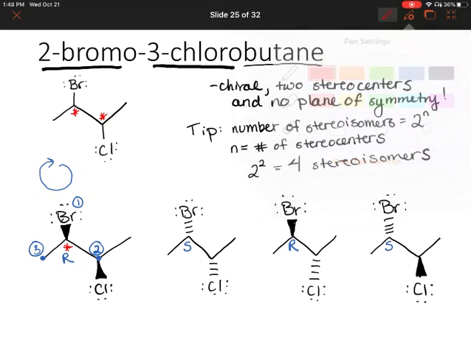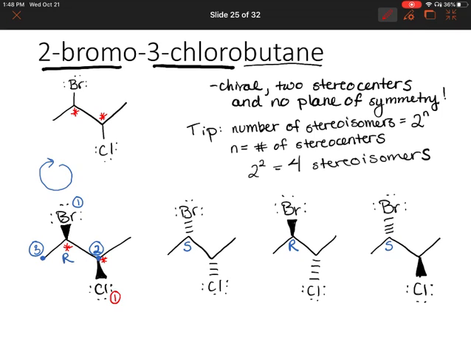And I'll use red for this. So for our other stereocenter, let's prioritize what that carbon is bonded to. So what would come first, chlorine, carbon, or hydrogen? Chlorine, it's the heaviest atom.